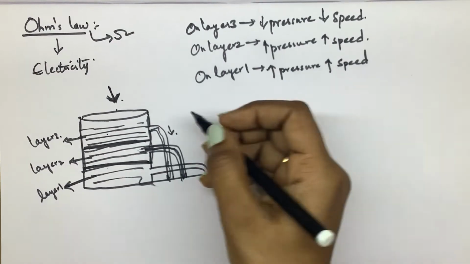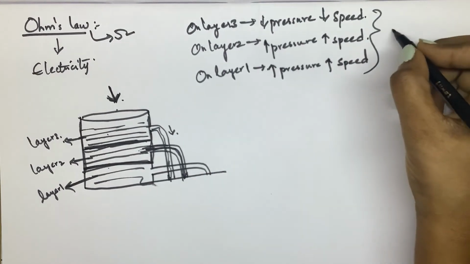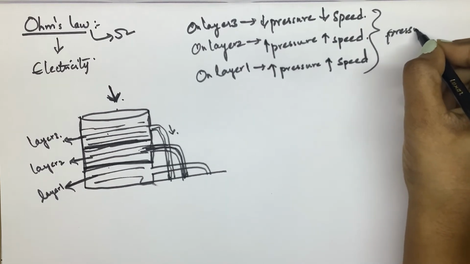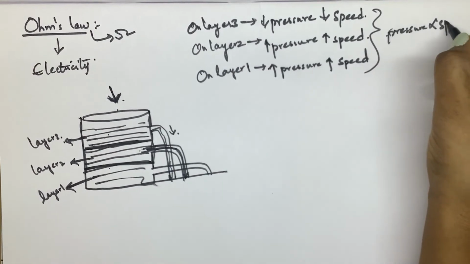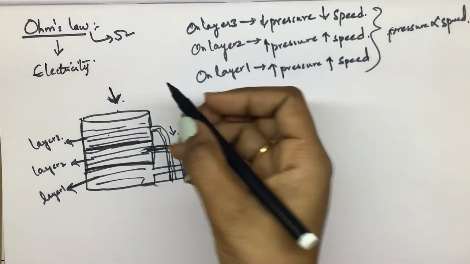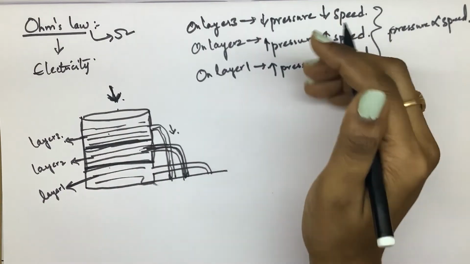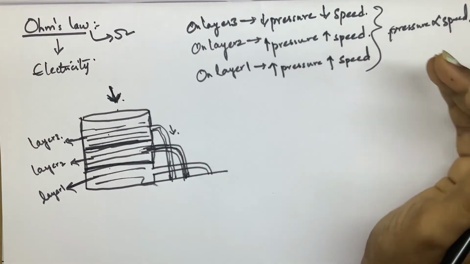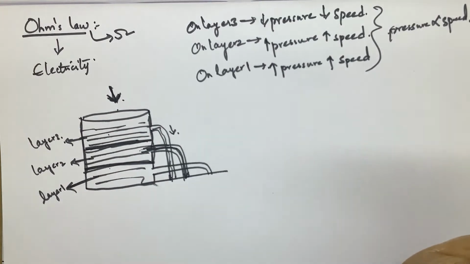So from all of these, we can see the pressure is directly proportional to speed. Where the pressure increases, the speed of the water also increases.